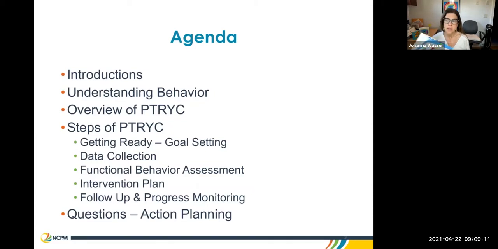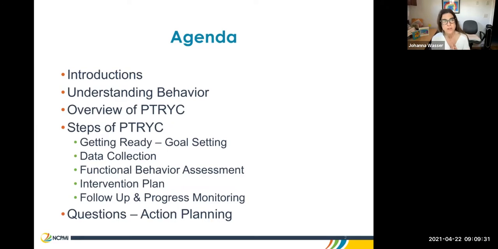How this has become manualized is not just that it's a manual, but that there's steps to help create some fidelity of practice. So we're making sure that we're implementing this type of science the way it's supposed to be implemented.